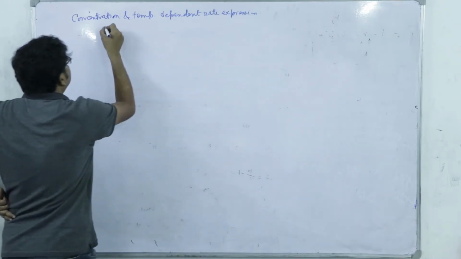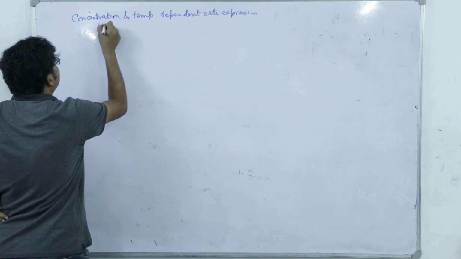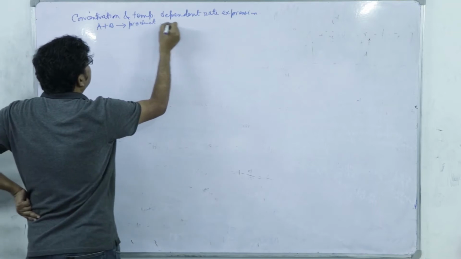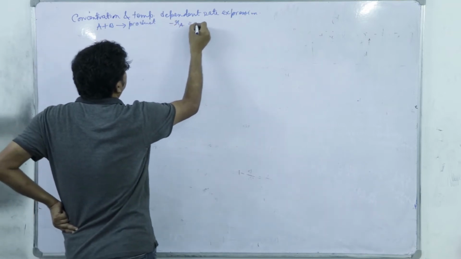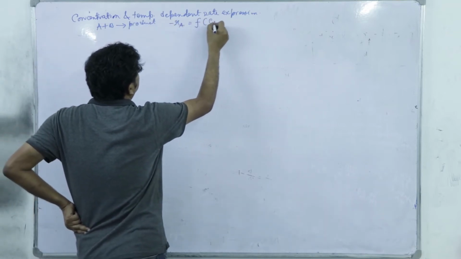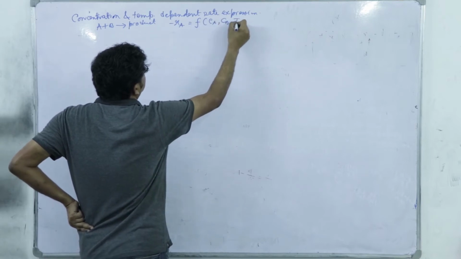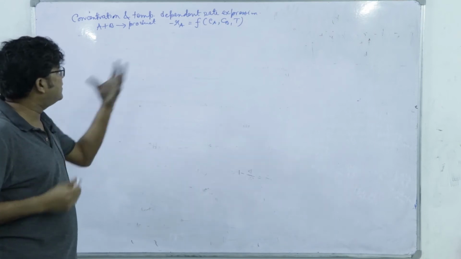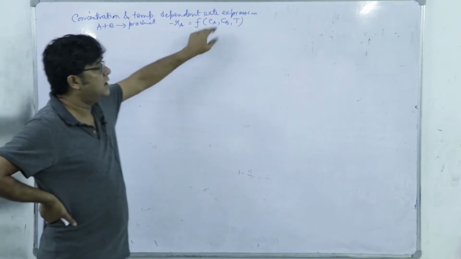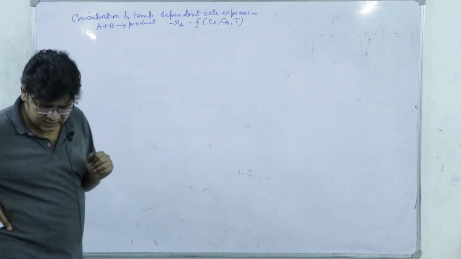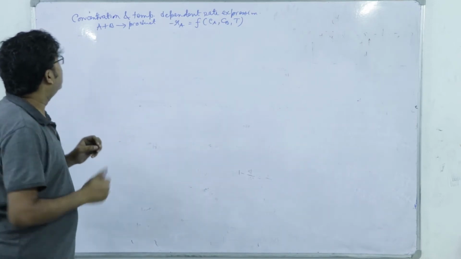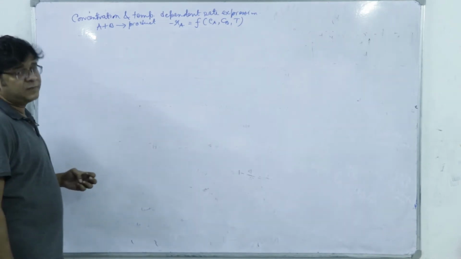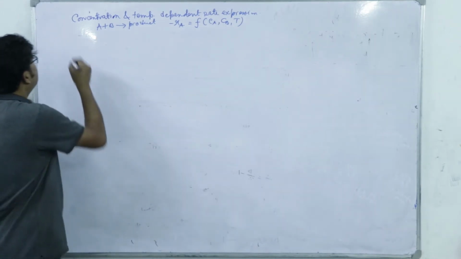So, you can understand that if it is a reaction A plus B giving product, then minus RA must be a function of CA, CB and T. So, what is that function? How we can theoretically justify the respective functional form here on the right hand side, that we will discuss later. But before that, let us also, based on this representation of the reaction, let us classify the reactions, right.